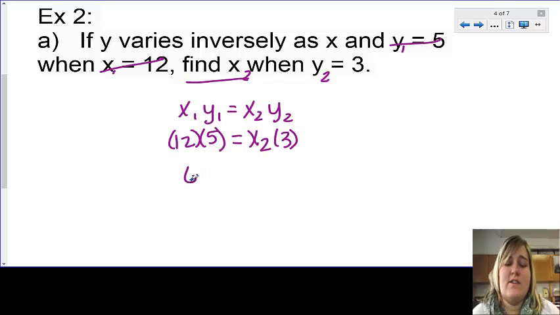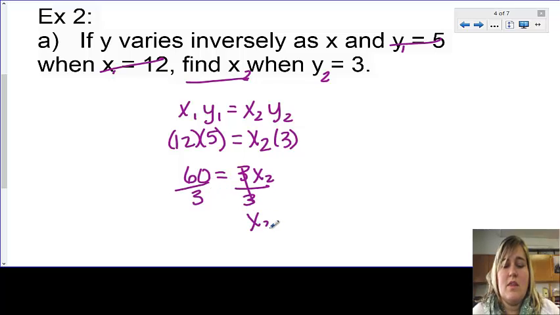So 12 times 5 is 60, which is equal to 3 times x sub 2, or 3x sub 2. To get x sub 2 by itself, I'm going to divide by 3 on both sides, which will leave me with x sub 2 is equal to 20. That is my final answer. So this is the product rule for inverse variation.